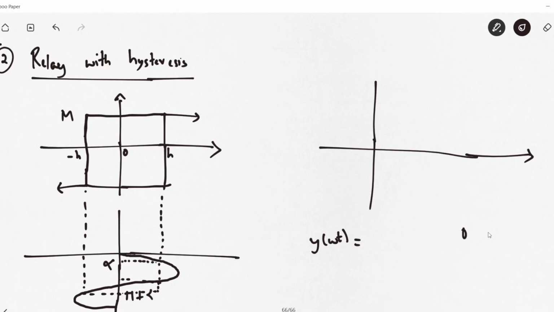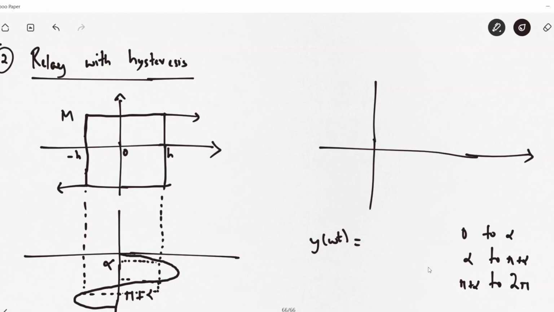One is from 0 to alpha, another from alpha to pi plus alpha, and then from pi plus alpha to 2 pi plus alpha actually, but we are concerned with 2 pi only.